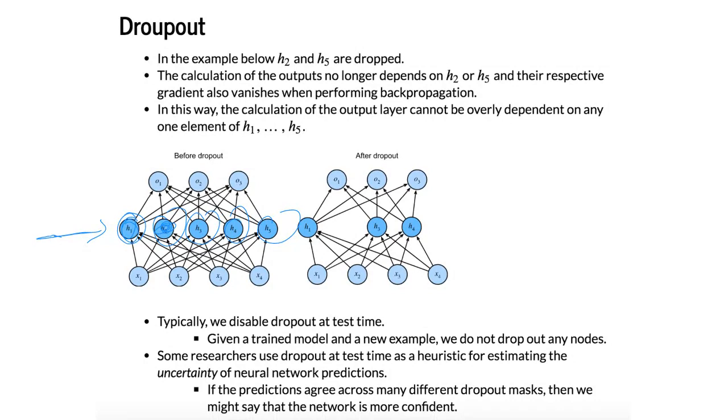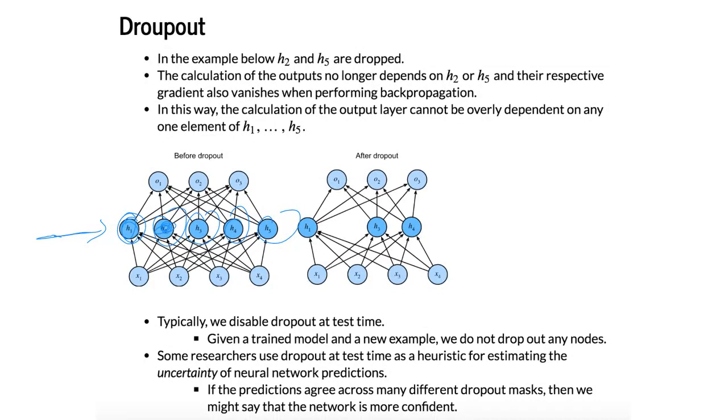Now, this is a favorable property. You want neurons to capture different concepts, but this may not happen if all neurons are present all the time.